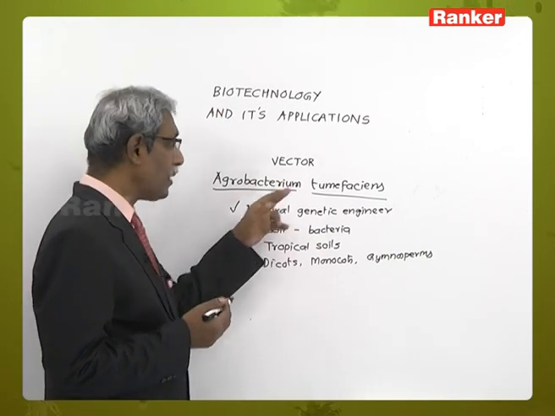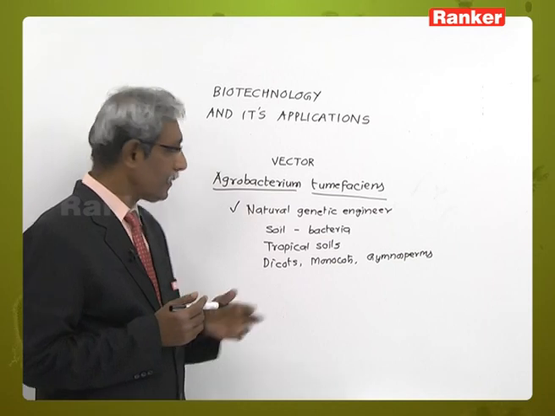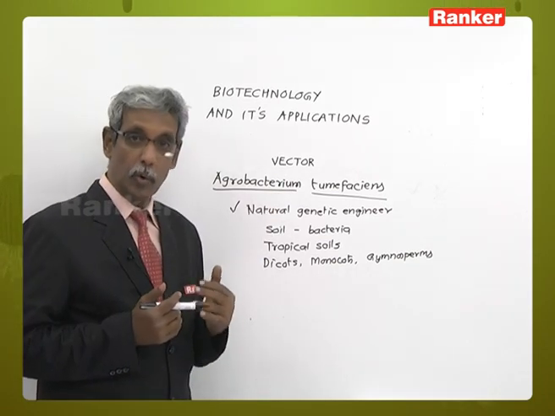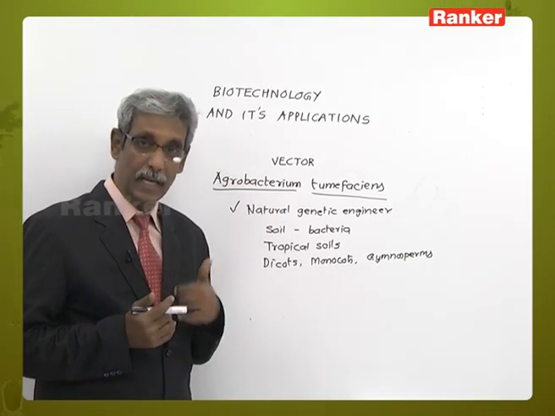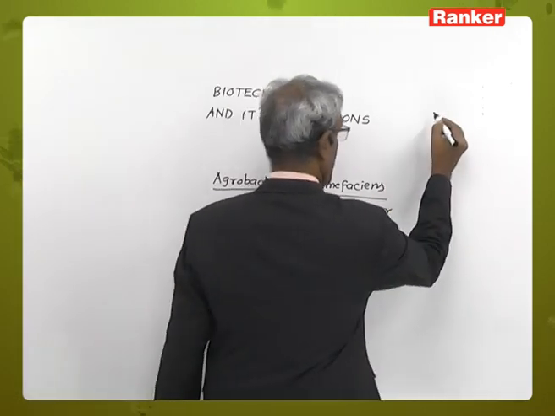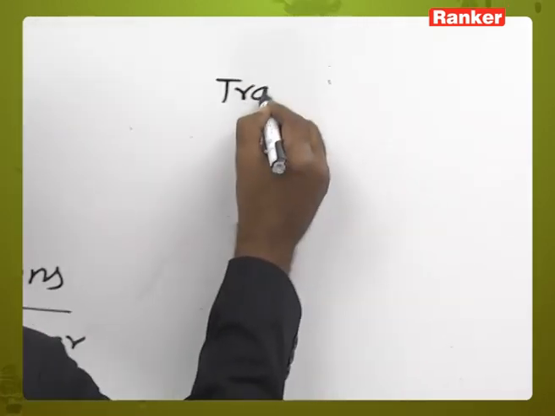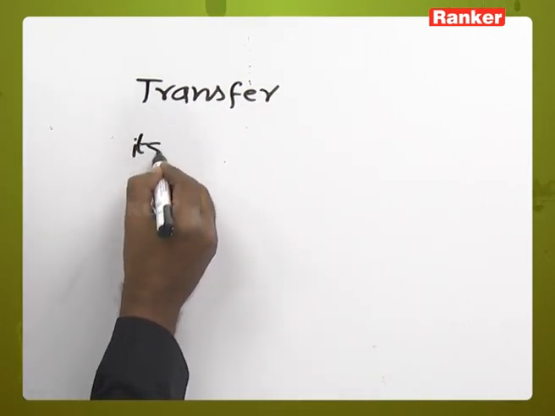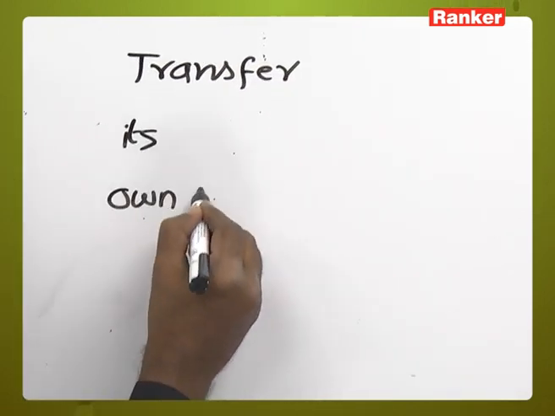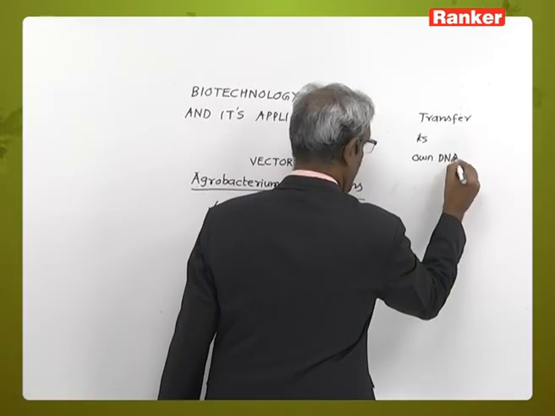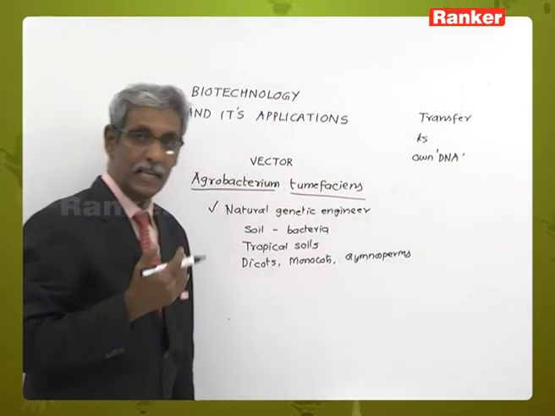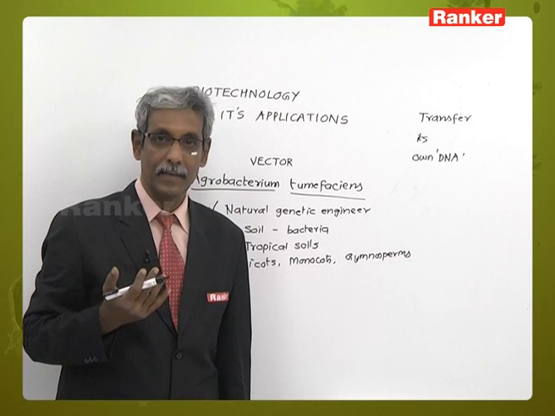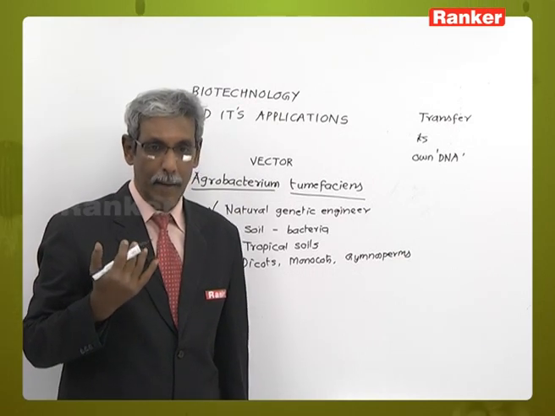So, what could Agrobacterium tumefaciens do? It can transfer its own DNA naturally into plants. Agrobacterium has got its DNA, and this DNA is gifted to plants. It can transfer it primarily into plants.